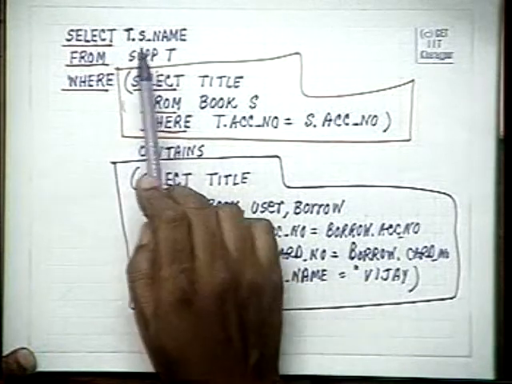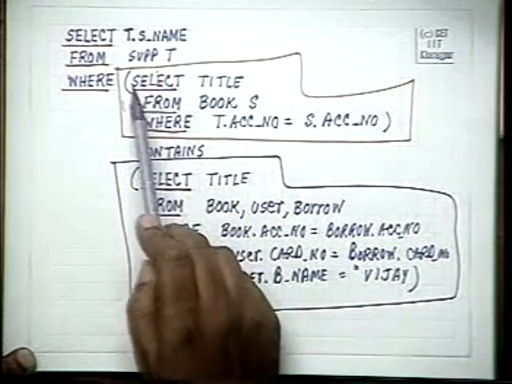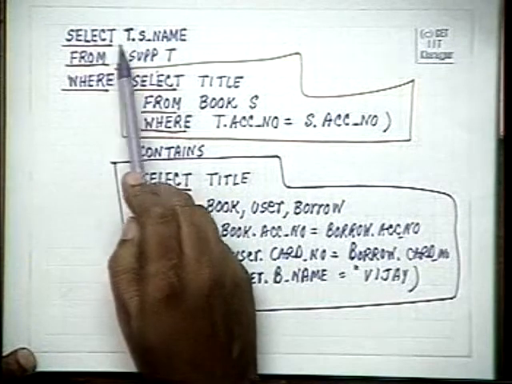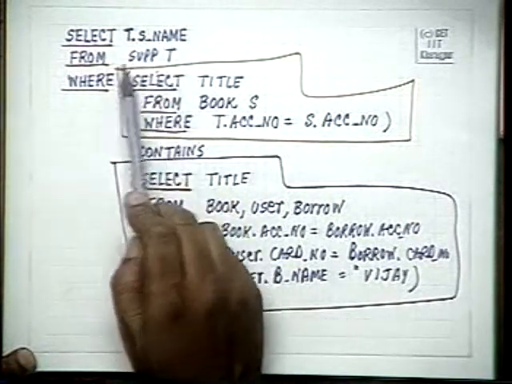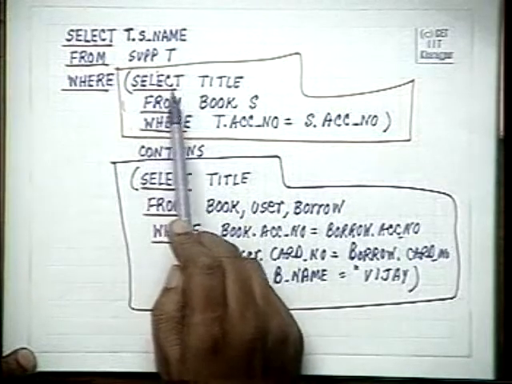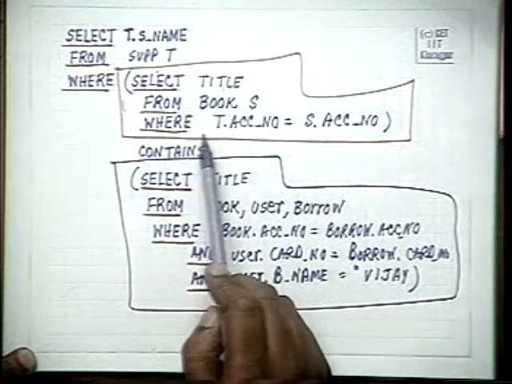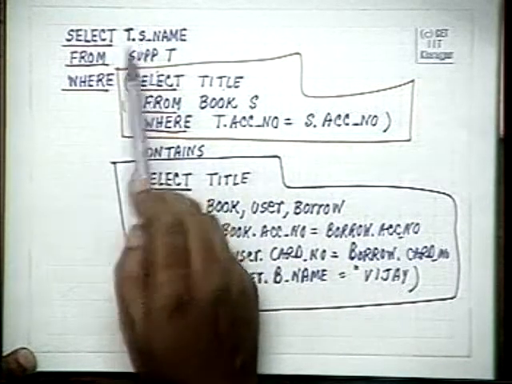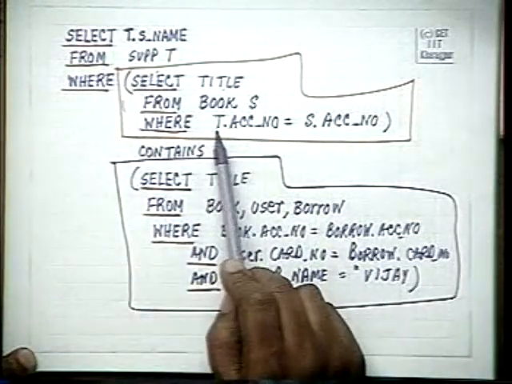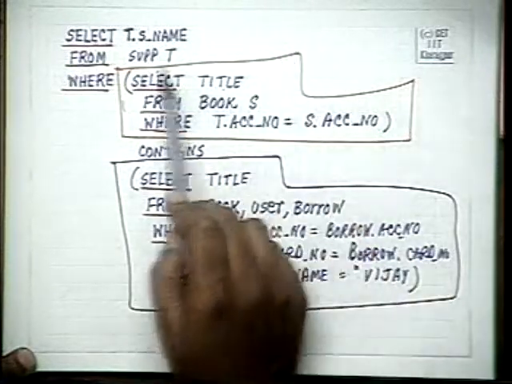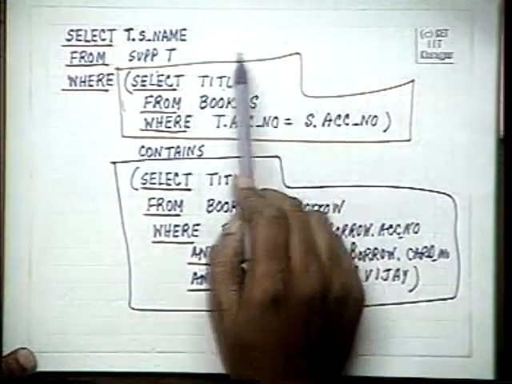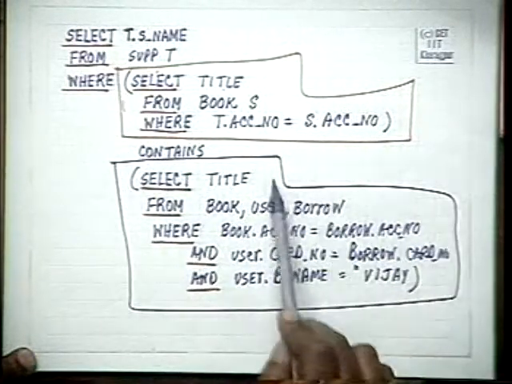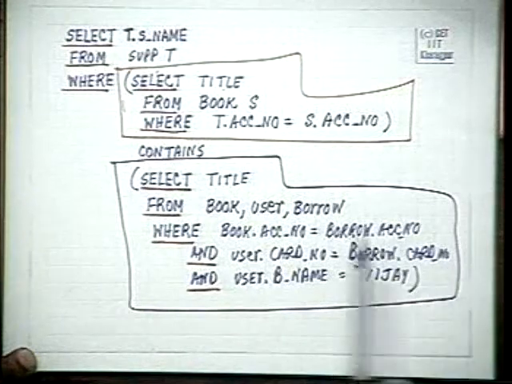And here we selected out those names such that the set, suppose this name is Narosa, then select t.sname from sub t where select the title from book where t.accession number is s.accession number. So for anyone whose name is there in the final solution, this will give you the titles of all the books supplied by that person, and this must contain this result as a subset.